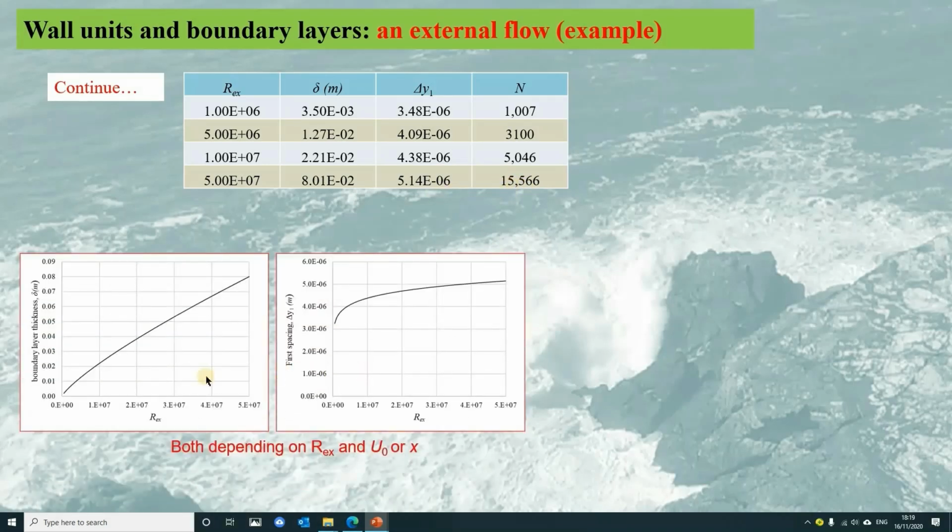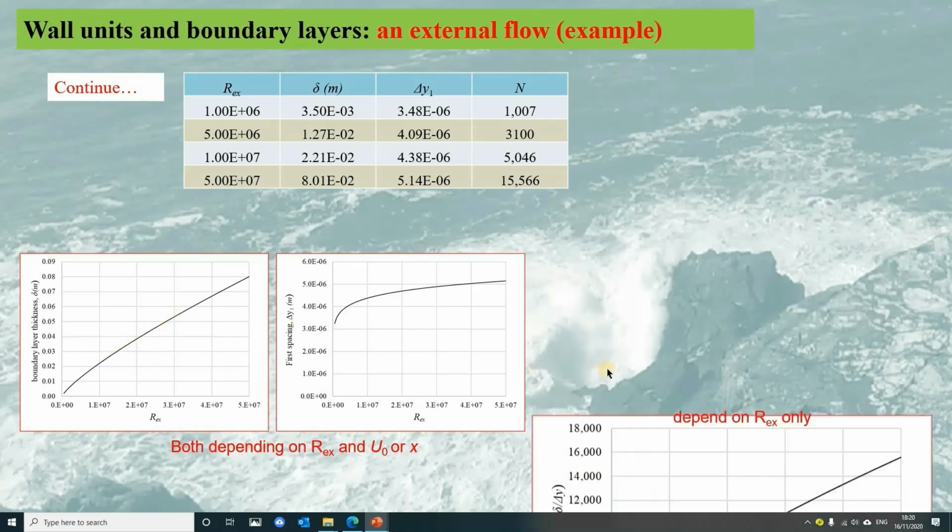So this is the plot for the boundary layer thickness against the Reynolds number. The larger the local Reynolds number, the thicker the boundary layer. And the unit wall distance delta y1 depends on the local Reynolds number Rex, but not as strongly as the boundary layer thickness.